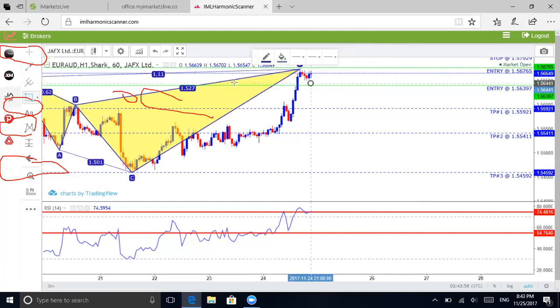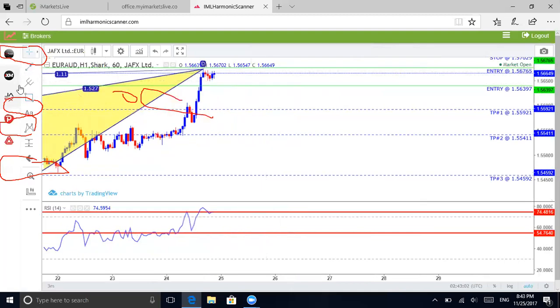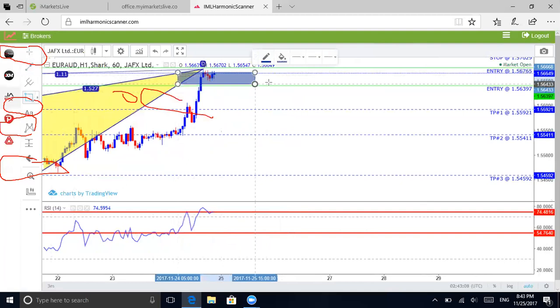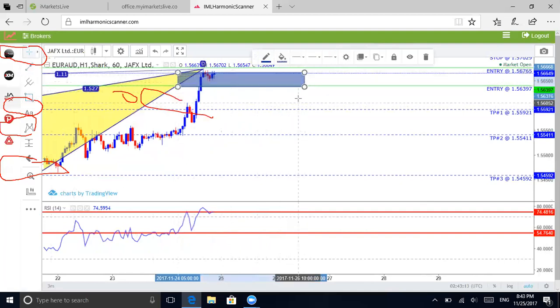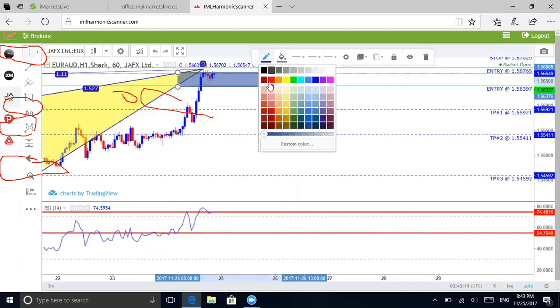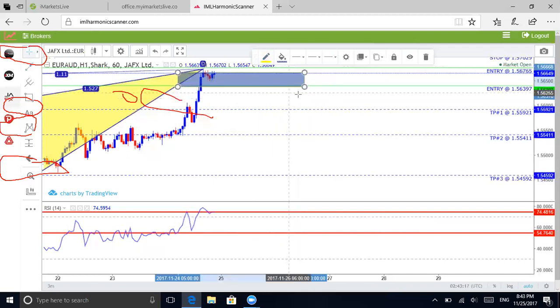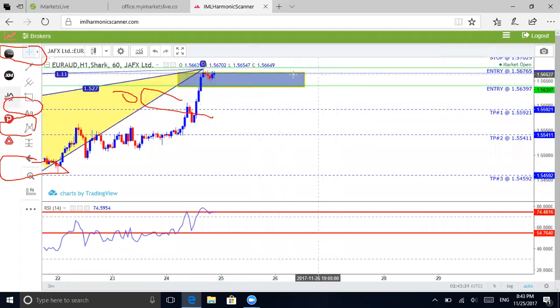We want it to come to this zone, right in between this zone, and shoot back down. That's what we want. Okay, good. We want it to come, because right now it's in that zone.